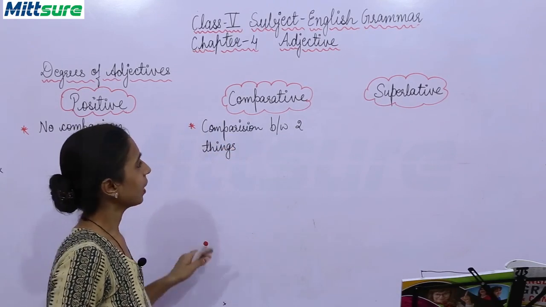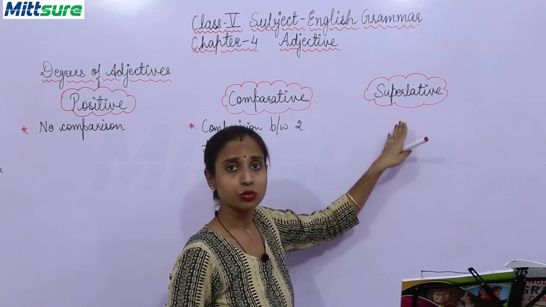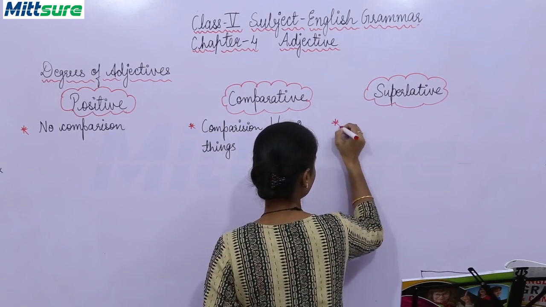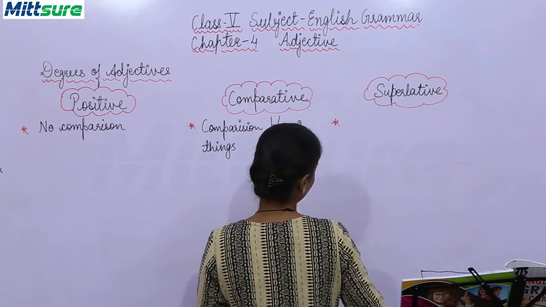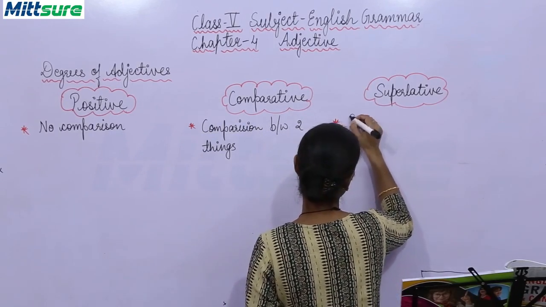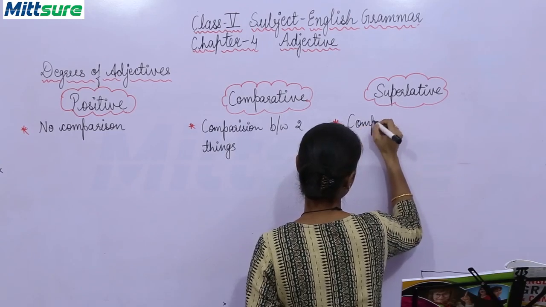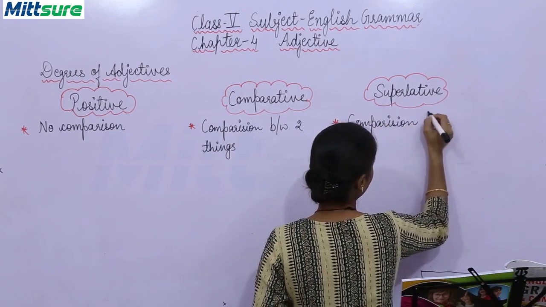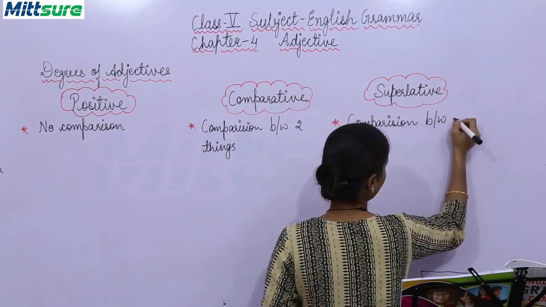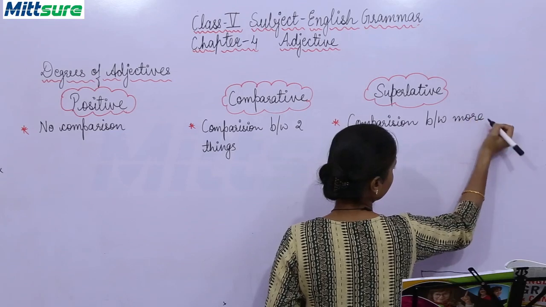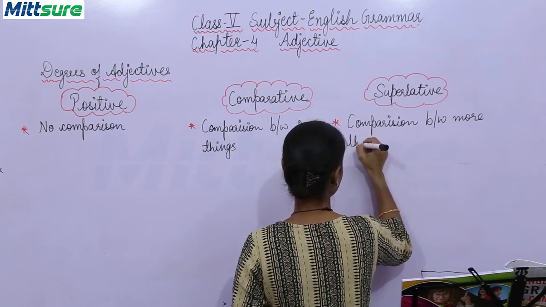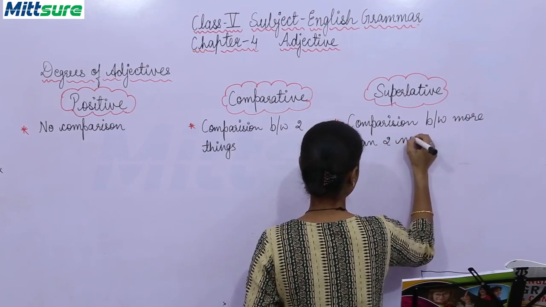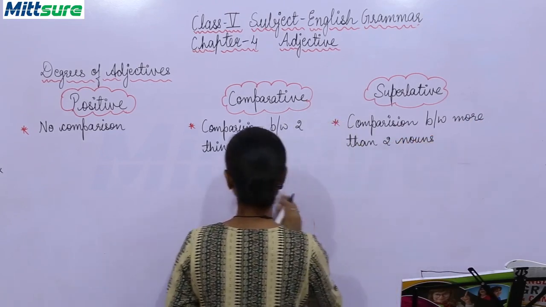All right. And when do we use superlative degree? When there is comparison among more than two things, two nouns, you can say.